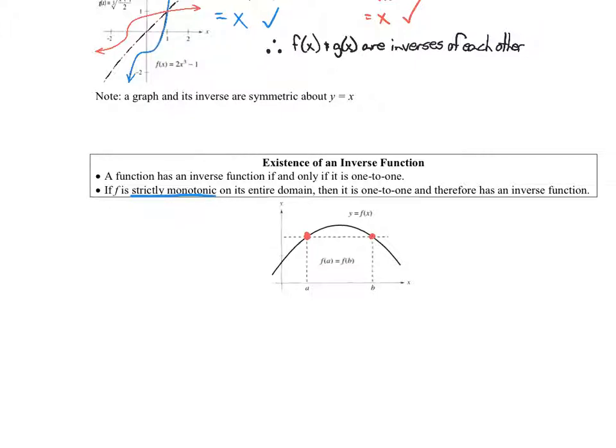It doesn't have a change in direction. Concavity, okay? We could have a change in concavity, like you see here with the cubic one, but we did not have a change in direction. It continued to increase over its entire domain. So we would call that strictly monotonic. There are no changes in direction.